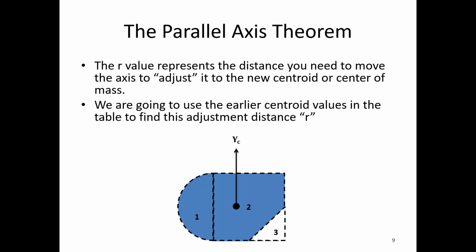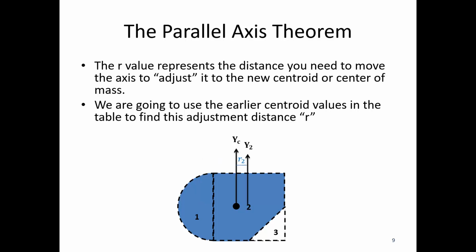So the R value here, in the plus AR squared, is going to represent the adjustment that we're making. So if I'm going from, for example, in shape 1, that is going to be my semicircle, I need to figure out how far it is from the y-axis, so this is adjusting IY, from the centroid of the semicircle over to the centroid of the composite body. So I need to adjust each of these to the overall centroid location. So semicircle to overall centroid, it's going to be a horizontal distance for y.